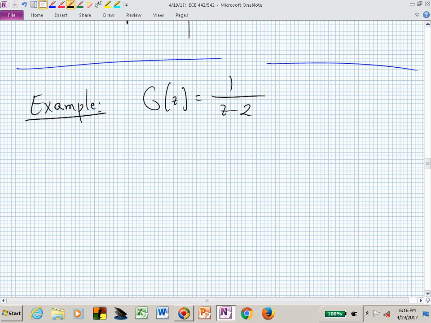How do I get 0 error due to a constant input? I make my controller plant combination be of type 1, which means I want to force a pole factor in that product to be at z equal 1, or to have a pole at z equal to 1. If that's the case, let's now look at what we can do with a PI controller.